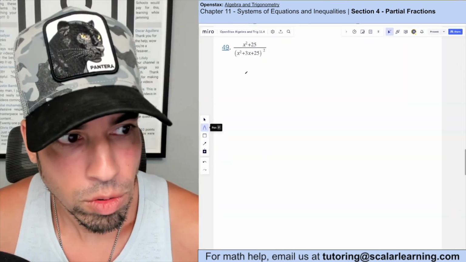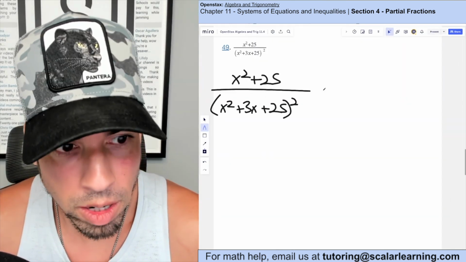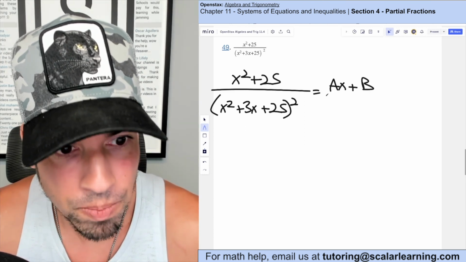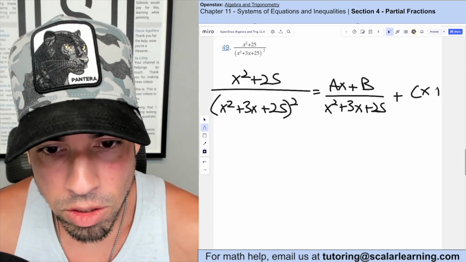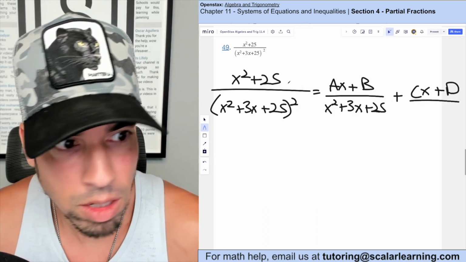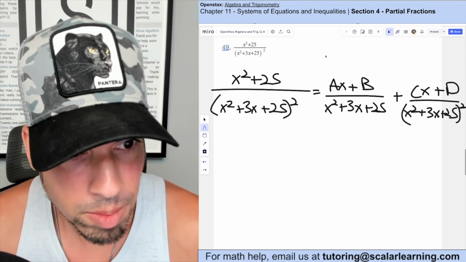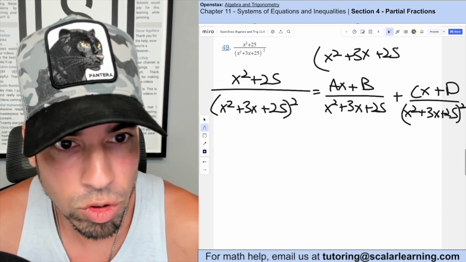Done. So for this one first, we're going to rewrite it down here. And then again, it's a quadratic squared. So what we're going to do is first the first linear factor, ax plus b, over this denominator without that exponent. And then our second linear factor on top, cx plus d over this entire denominator. Now we're going to multiply everything by the denominator, x squared plus 3x plus 25 squared.